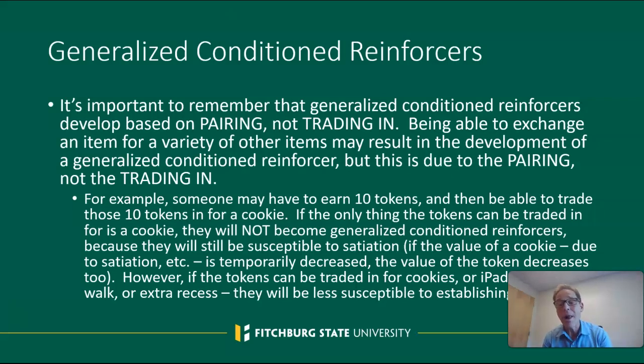Because now there's lots of different things that those tokens have been paired with. Okay, that's fine that I'm not hungry, but tokens are still valuable to me because maybe I want time on my iPad or maybe I want that extra recess. So it's about the pairing, not the trading in, and it's about being paired with multiple different reinforcers, not just with one reinforcer.